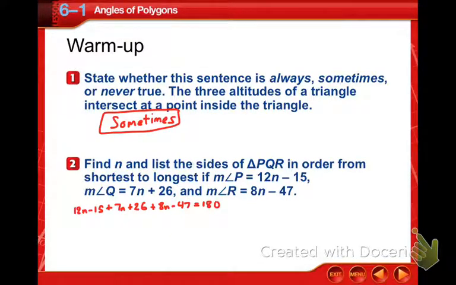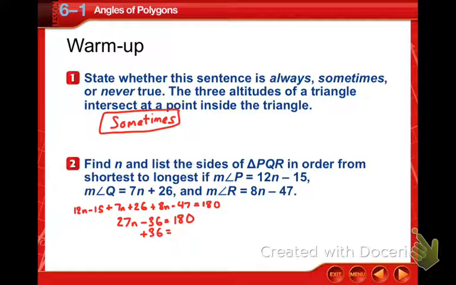So we're going to combine like terms. We got 12n plus 7n plus 8n comes out to be 27n. And negative 15 plus 26 minus 47 comes out to be negative 36, equal to 180. Now we simplify this and solve for n. So we're going to add 36 to both sides.